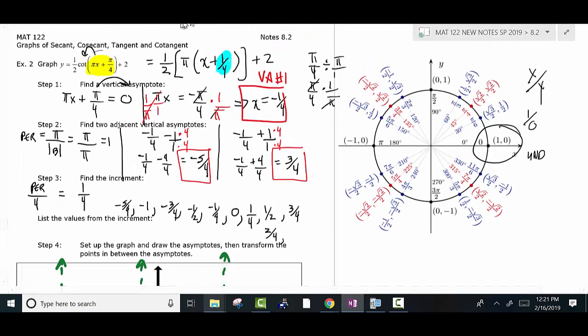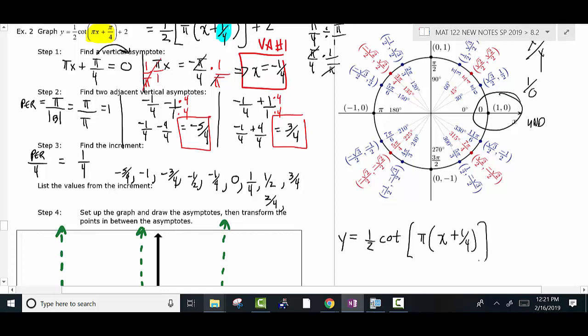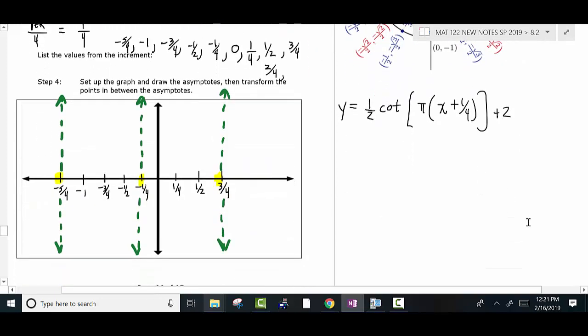Let me get a screenshot of the factored form here, or just kind of write it down at the side. I think what we had is y equals 1/2 cotangent. And let's see, we can either do the factored form or the non-factored form. I'm going to write the factored form that we have. And then what we're going to do is just start transforming points.